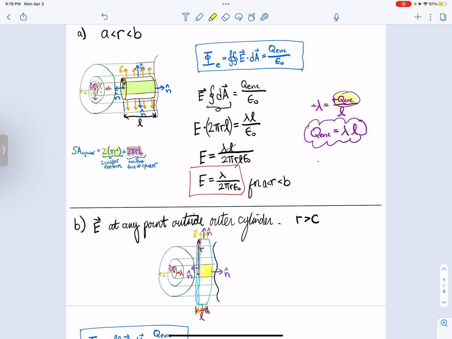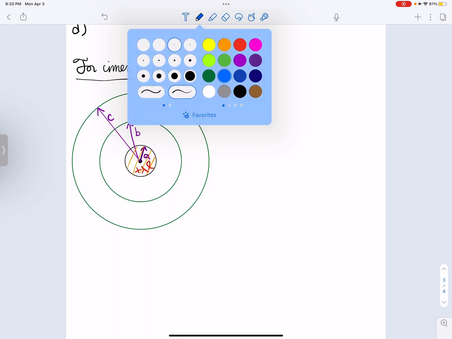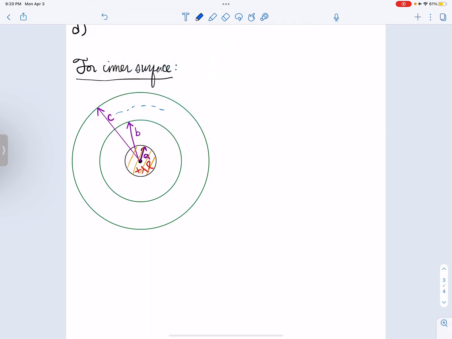The charge is lambda L. And then my inner surface goes until radius B right here. So if I want to find the charge per unit length on the inner surface, I'm going to draw a Gaussian surface that's bigger than my inner surface, but smaller than the outer surface of my outer cylinder.